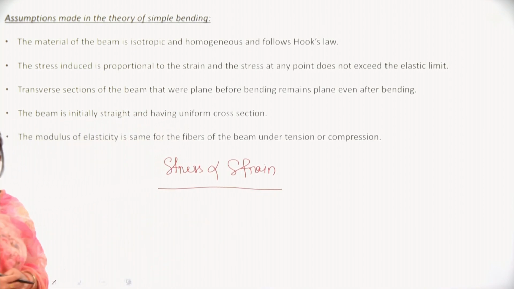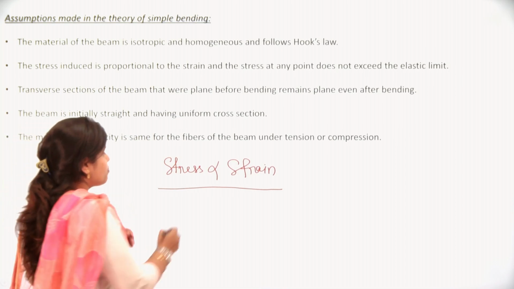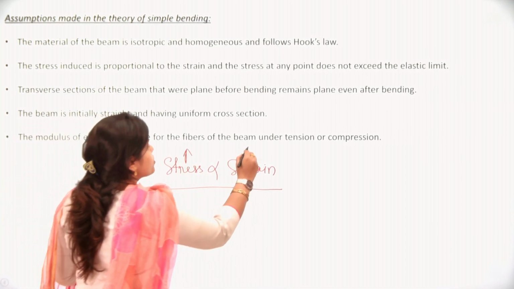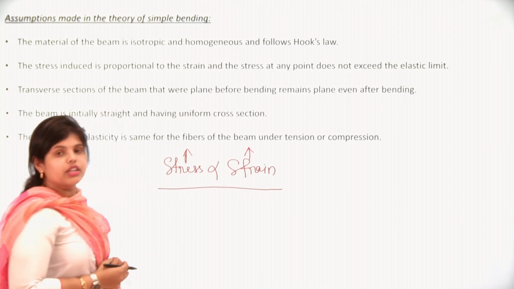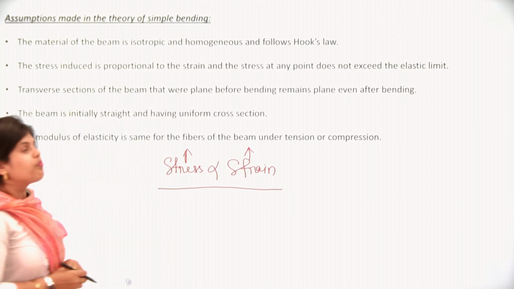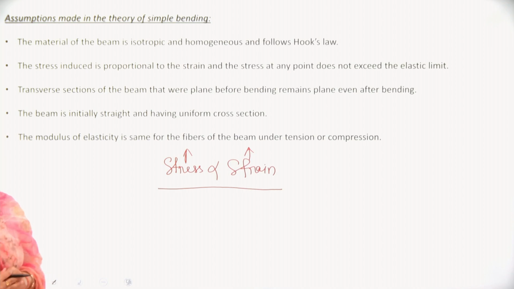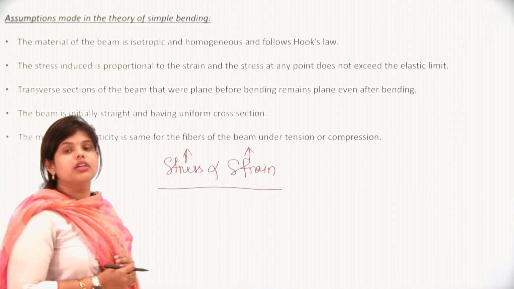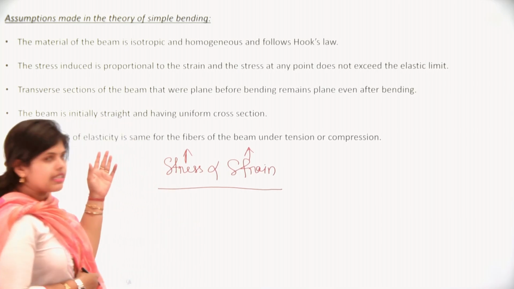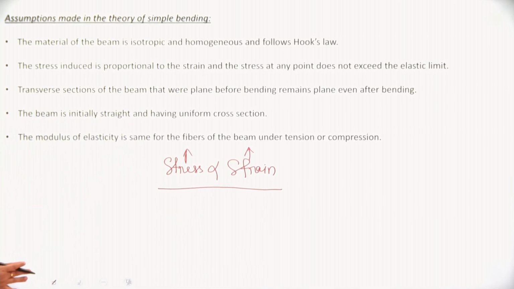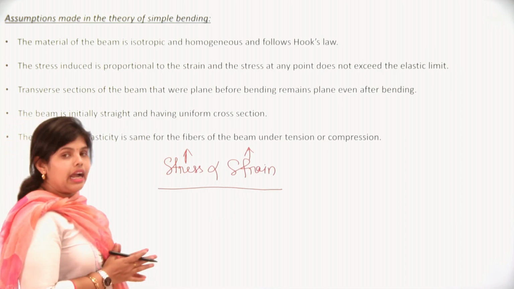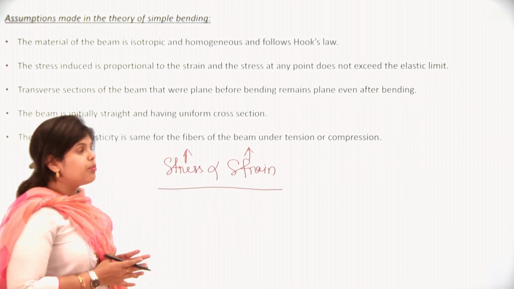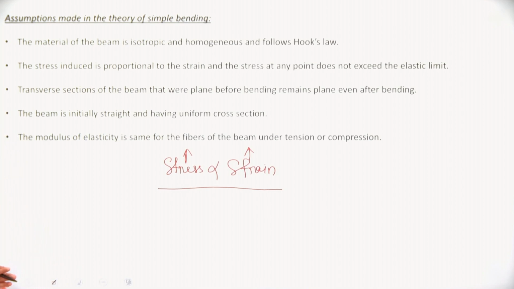So if your stress is increasing, your strain will also increase. That means it follows Hooke's law. Next, the stress induced is proportional to the strain, and the stress at any point doesn't exceed the elastic limit.